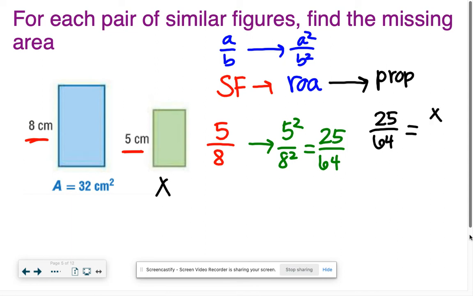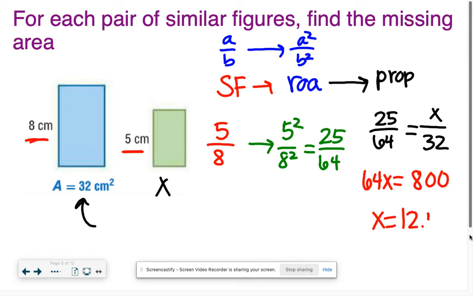And I know it goes with 25 because that represents my small over what's the area of the big one? 32. And now we just simply cross multiply. Okay, so we're going to have 64x equals 25 times 32, which is 800. Divide out, x equals 12.5 centimeters squared.